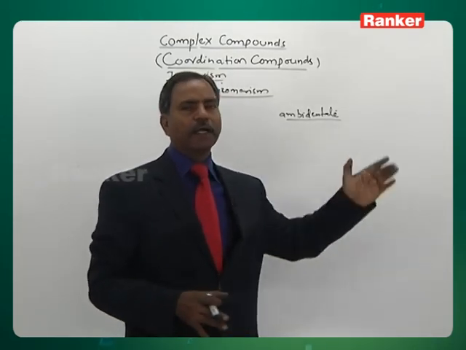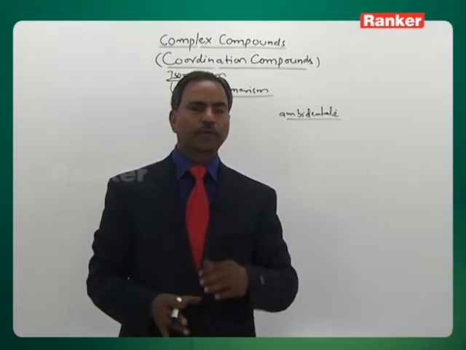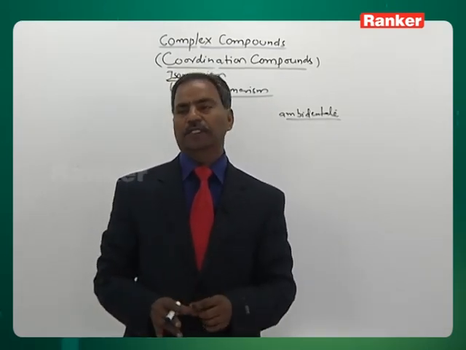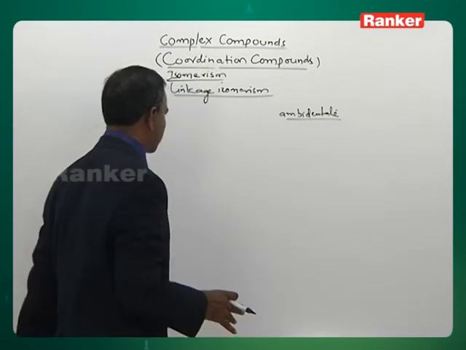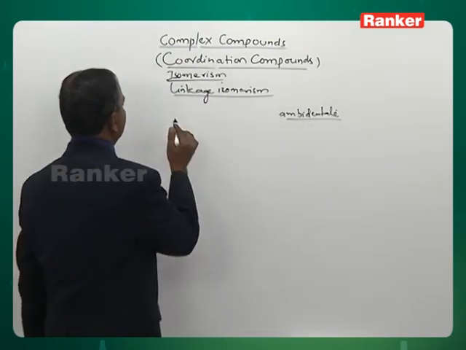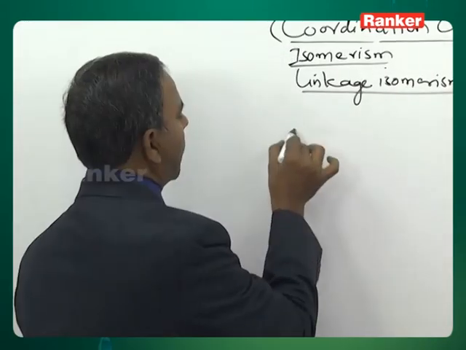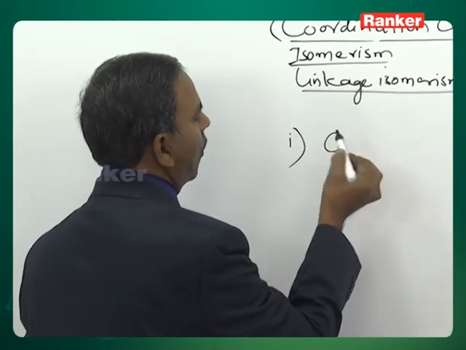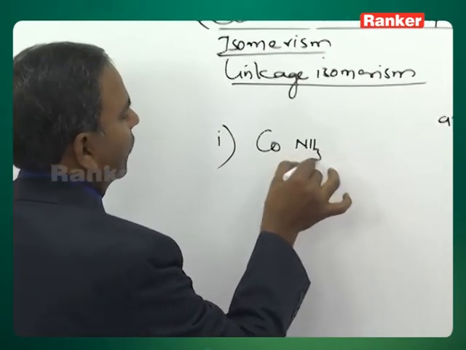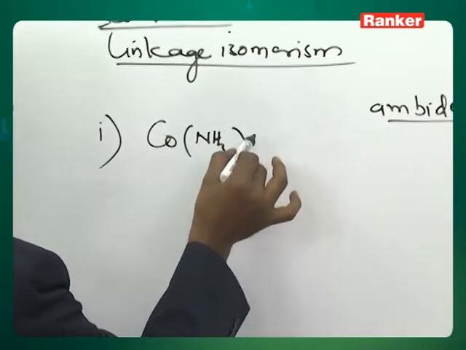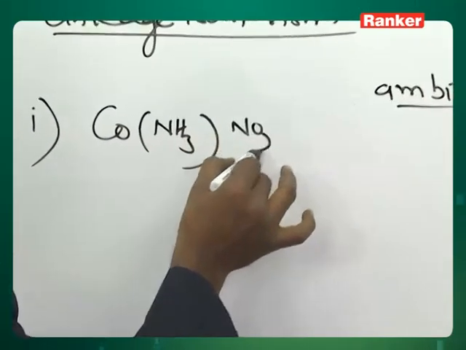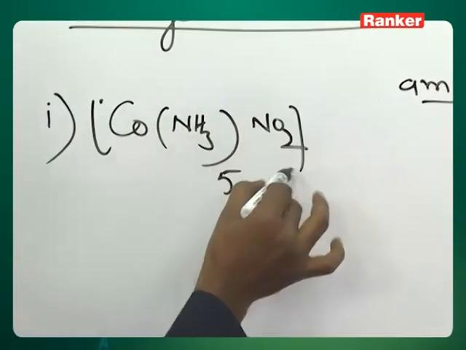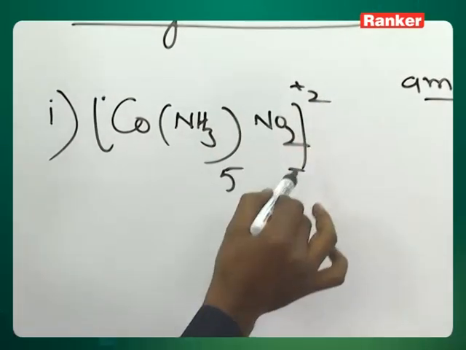Such ambidentate ligands are there in the complexes, and those complexes exhibit this linkage isomerism. Let me give a complex: Co(NH3)5 taken 5 times, then NO2, plus 2.